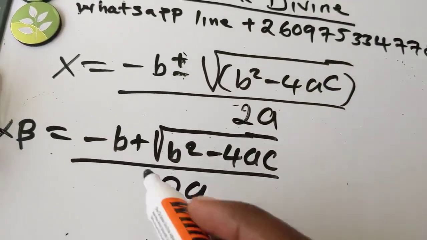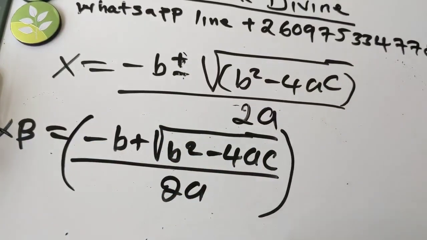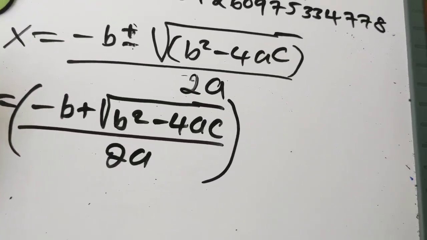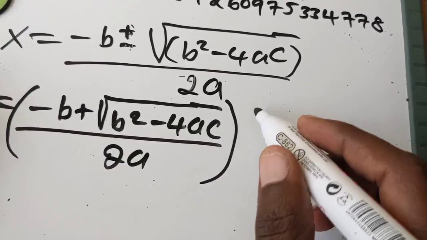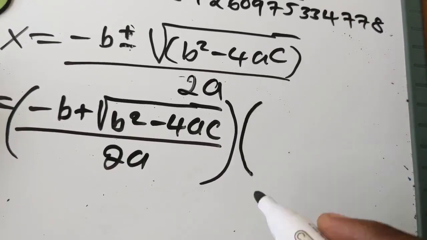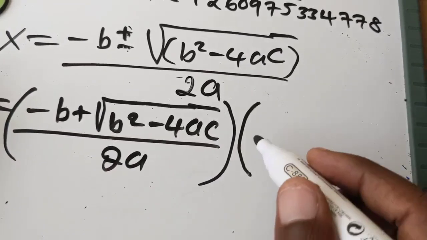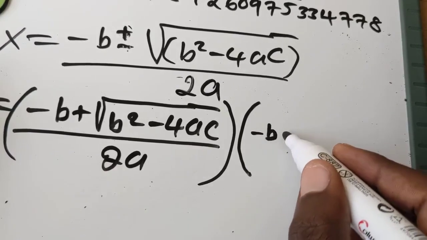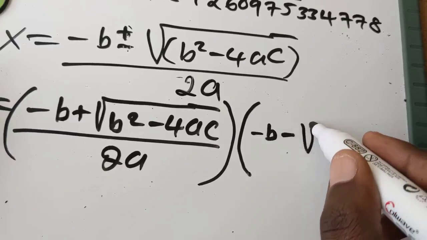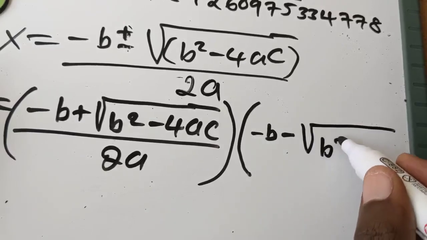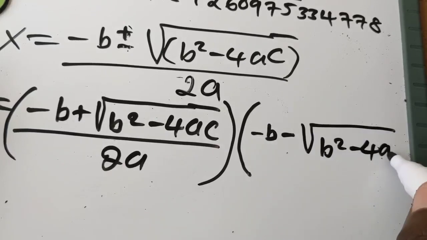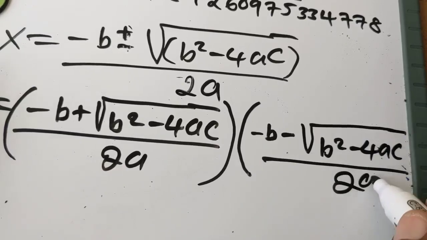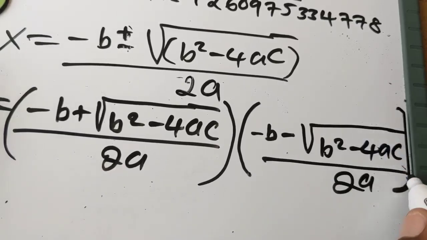Then we are multiplying it, so the bracket shows the multiplication sign, by negative b, negative root of b squared minus 4ac, over 2a.